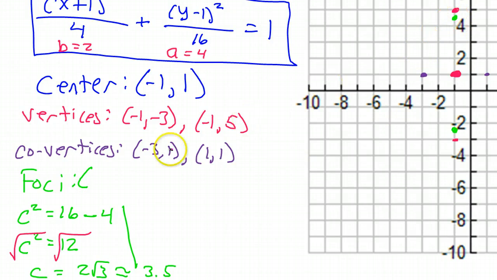So this top focus is the point -1, comma, and because I went up 3.5 from 1, I'm actually up here at 4.5. But I'm not allowed to put 4.5. That's no good. If I had put 4.5, what I was really doing is starting at a level of 1 and adding the c value, adding the 3.5.